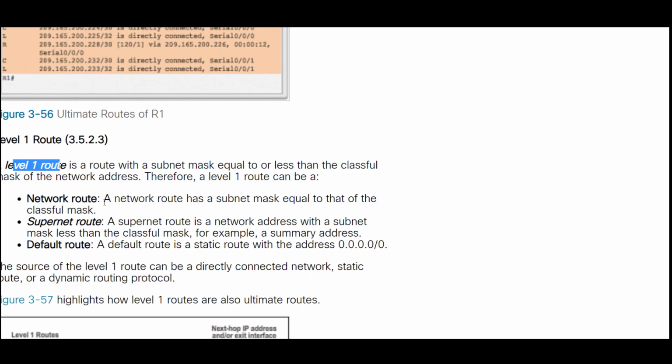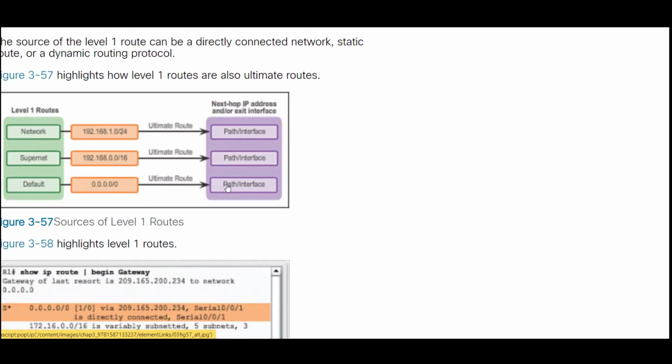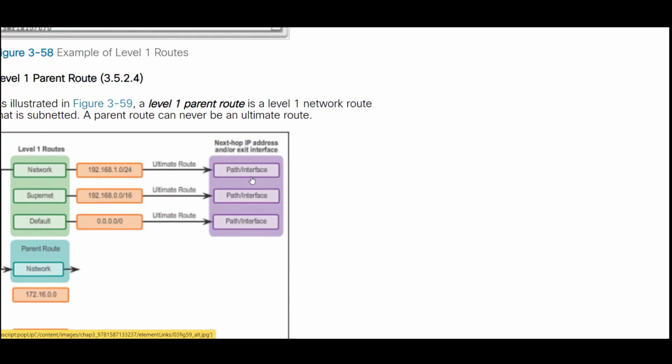Now let me go to the next one. Okay, we have another two. The next one I'm going for is the level 1 parent route. Okay, what does level 1 parent route mean? You can see here, a level 1 parent route is a level 1 network route that is subnetted.